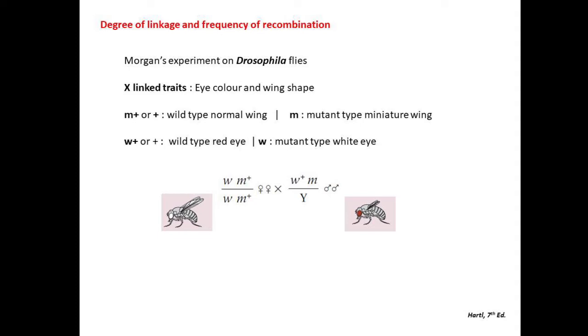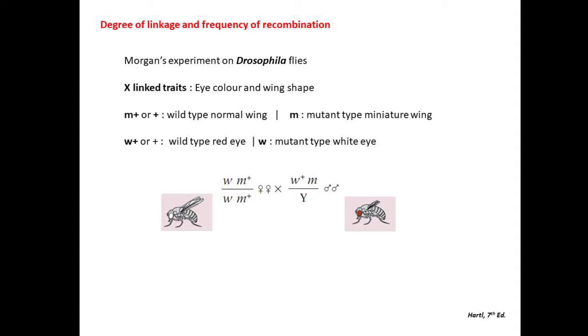The left hand side is M plus, or plus, which has a longer, normal wing shape, and the mutant type Drosophila has a very miniature, short wing. W plus, or only plus, will denote wild type red eye, and small w will tell you about mutant type white eye.